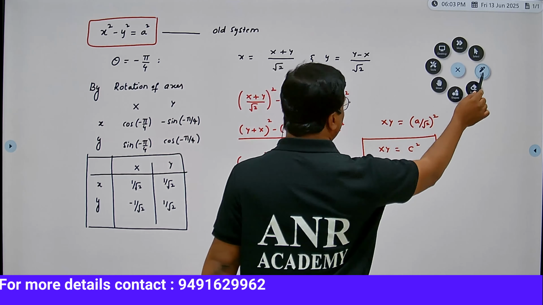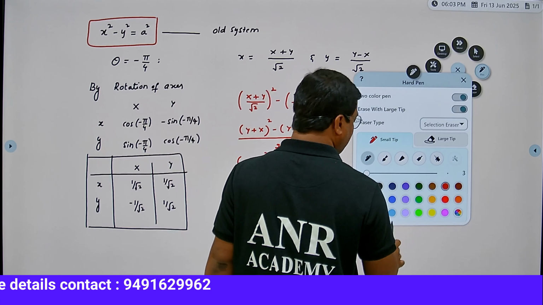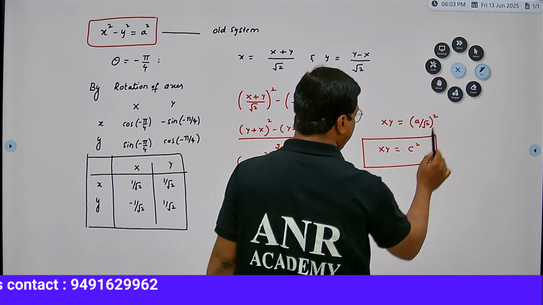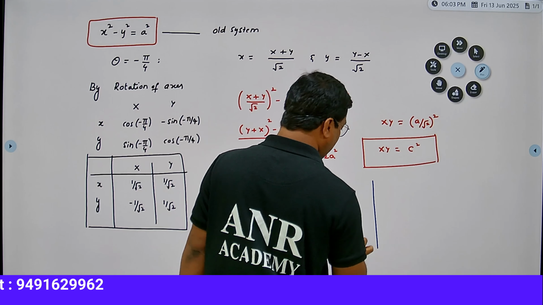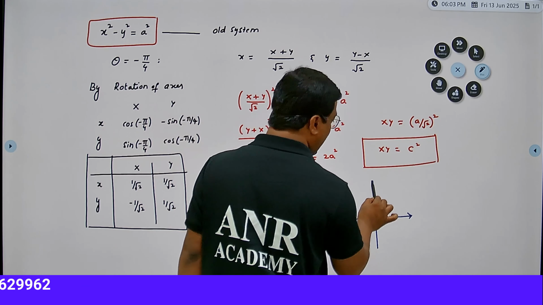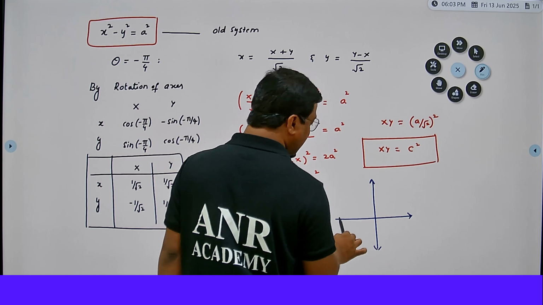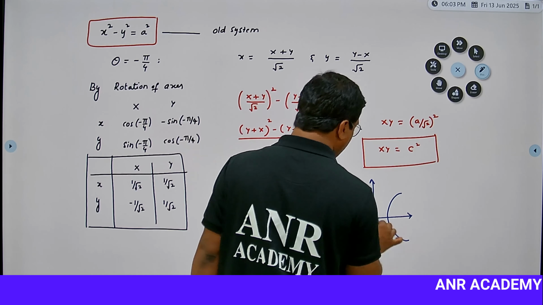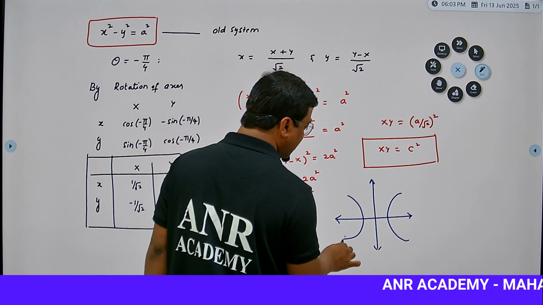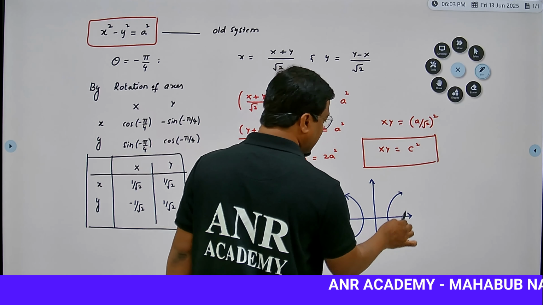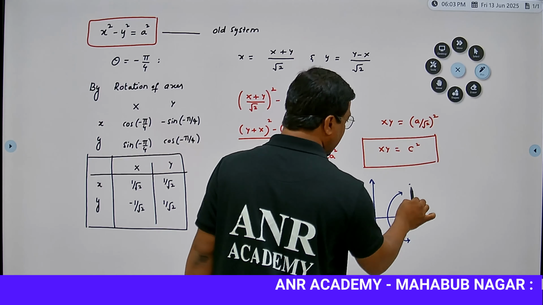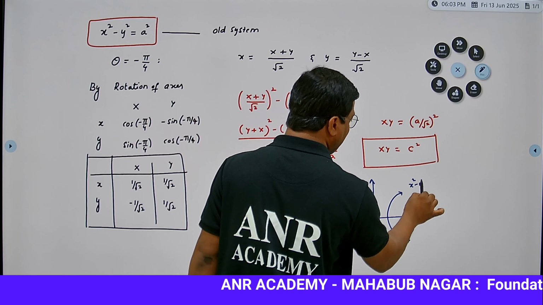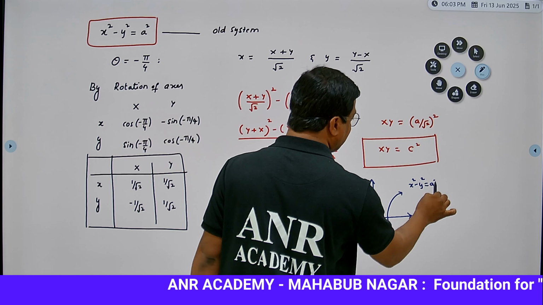Let us observe the figure. See here, on the old coordinate system, this hyperbola indicates x square minus y square equal to a square.